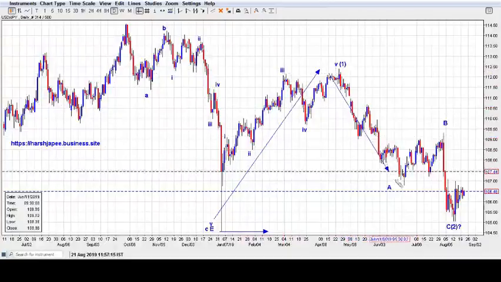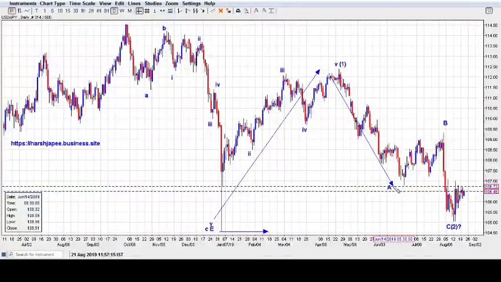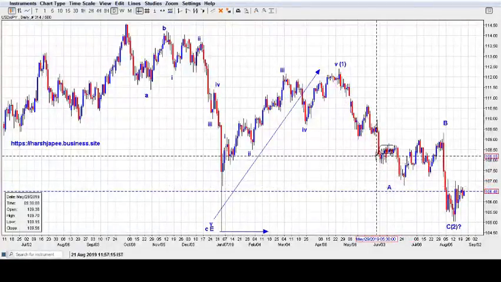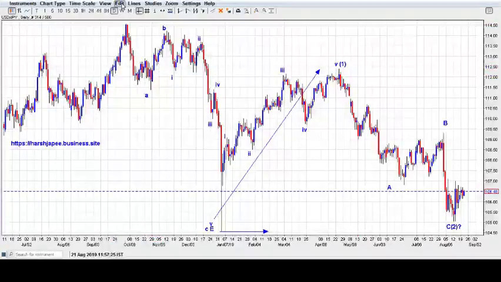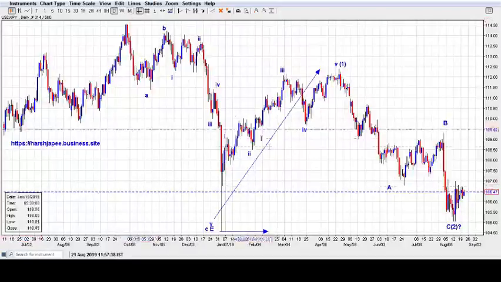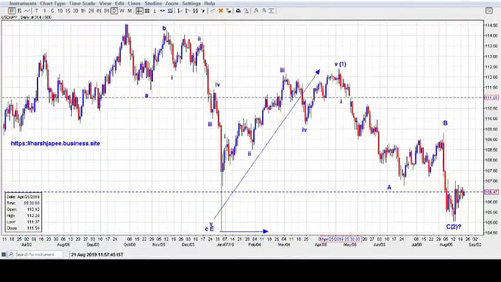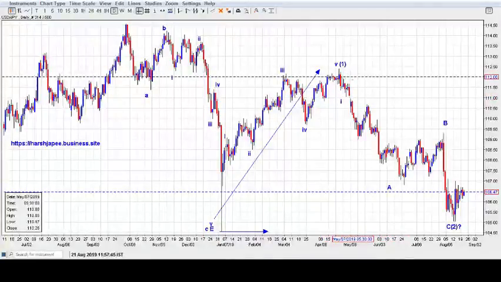So let's label rather than using arrow marks. And see wave 1, short wave 1. Wave 2.